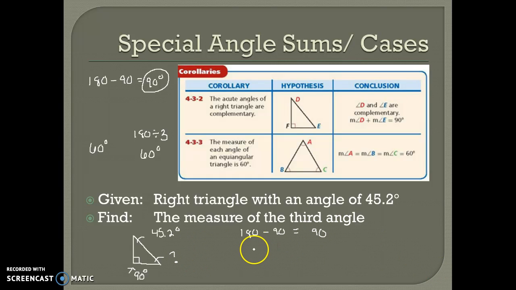So what we can do is take 90 degrees minus 45.2. So 90 degrees minus 45.2 degrees leaves us with 35.8 degrees.